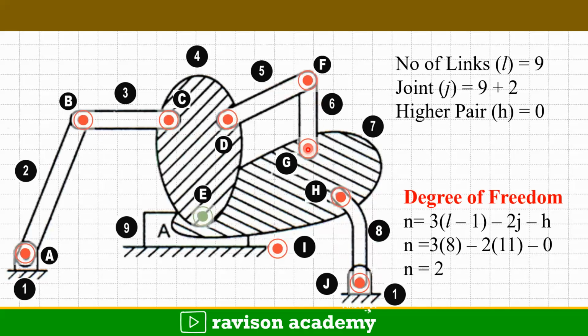G is a binary joint. H is also a binary joint. I is a slider joint connecting 1 and 9. J is a binary joint connecting 1 and 8. So you get a total of 9 links and 11 equivalent joints with no higher pairs. On substituting in the degree of freedom equation, we get the degree of freedom as 2.